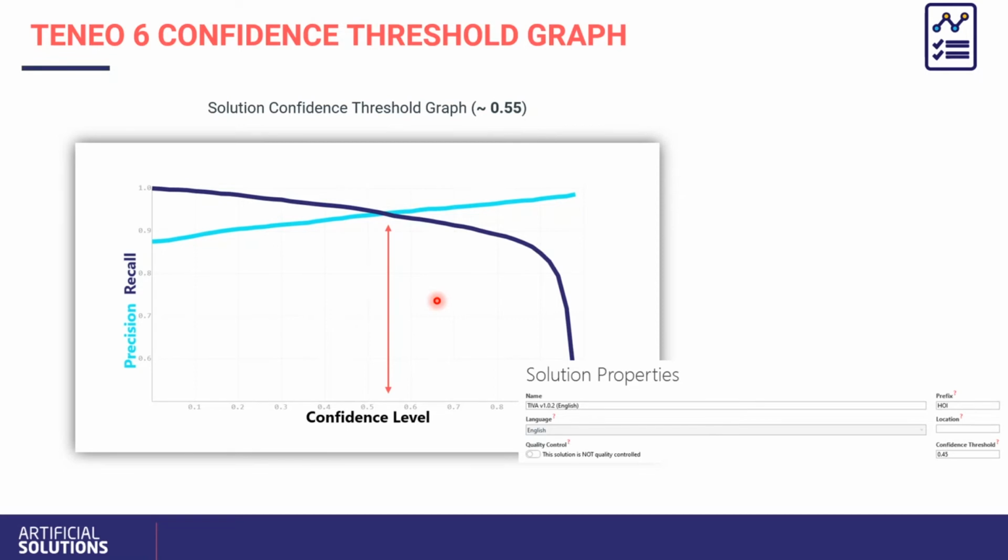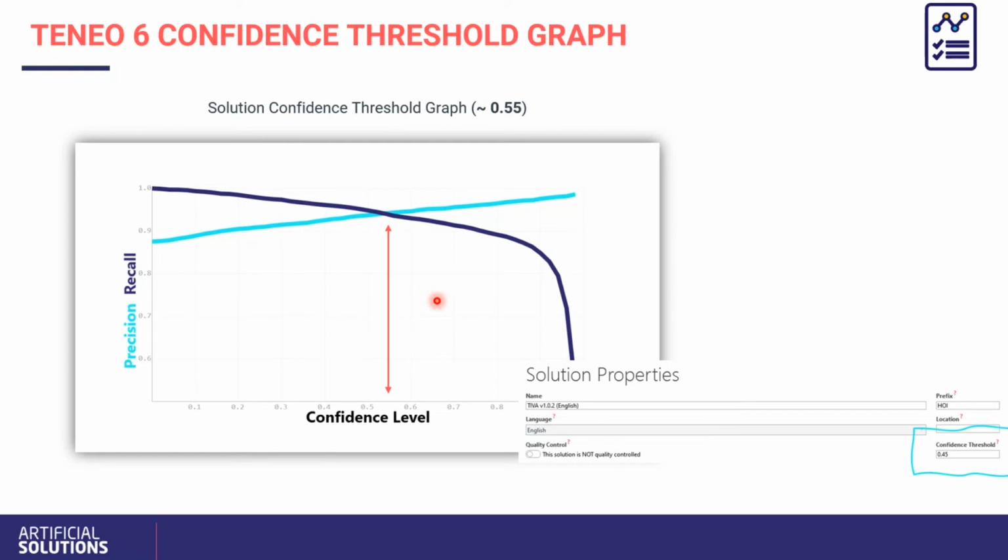So maybe you're going to get better results if you tweak the confidence threshold a little bit. That's one thing that you will be able to see now based on the class performance evaluation.